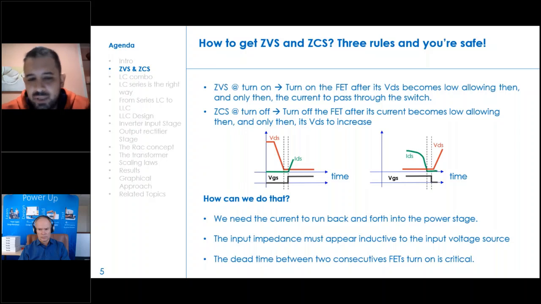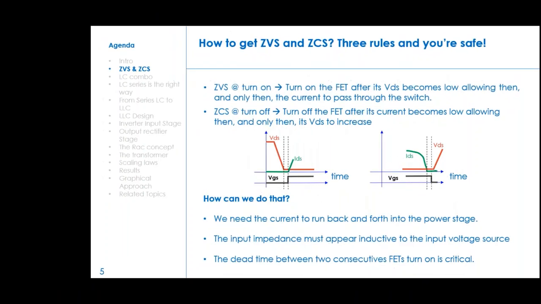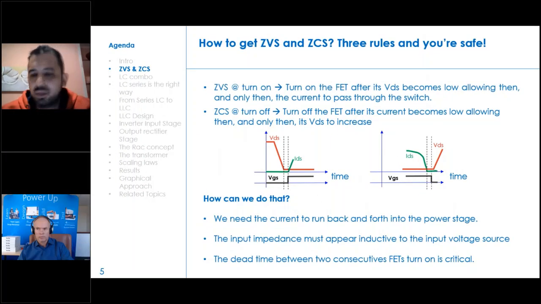Let's imagine, for example, the half bridge inverter stage in which we have two FETs in totem pole configuration. Let's assume for simplicity that the top FET is conducting, while the bottom one is not conducting, so high VDS. Assume now I switch off the top FET, having in this case both FETs off for a very short time.